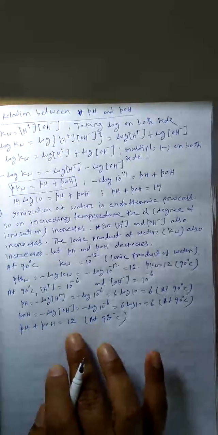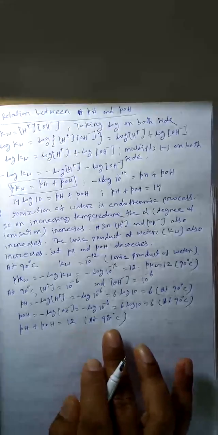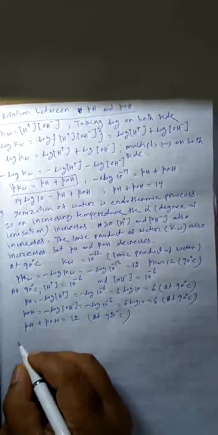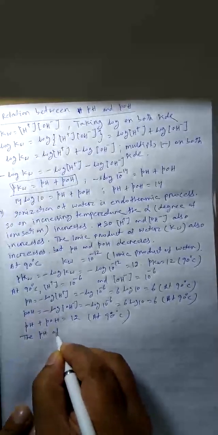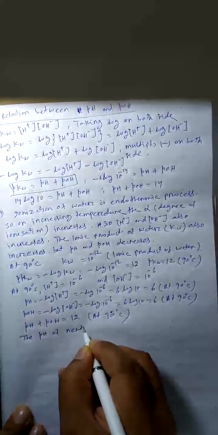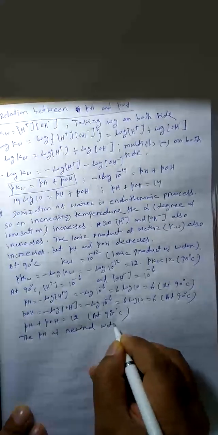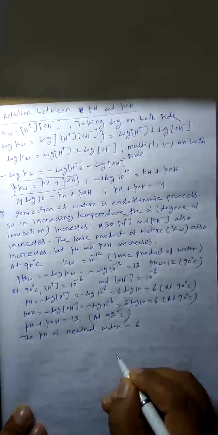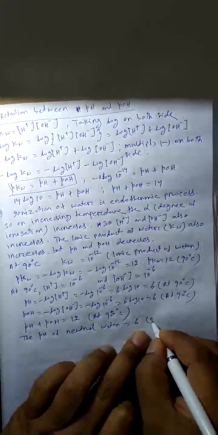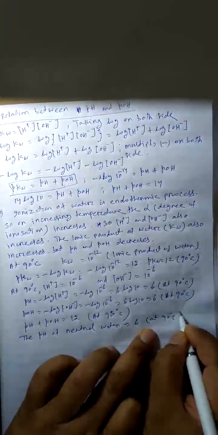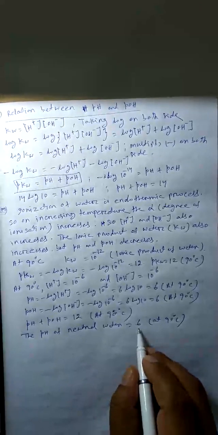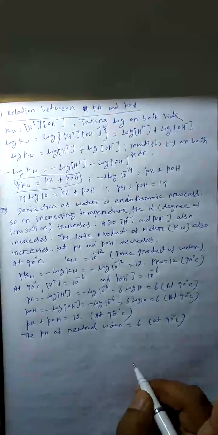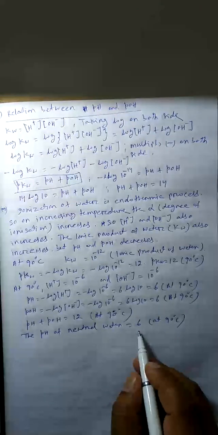But here, what is the pH of neutral water? The pH of neutral water is 6 at 90 degree centigrade. At 25 degree centigrade pH is equal to 7, and pH equal to 7 means it is neutral.